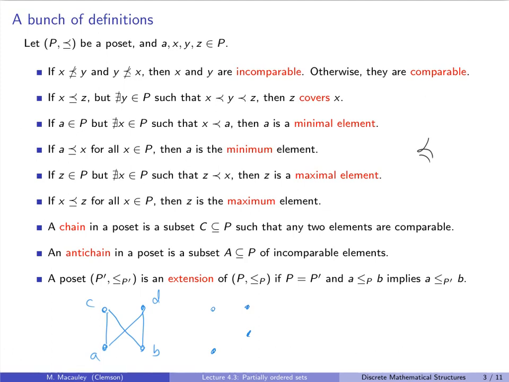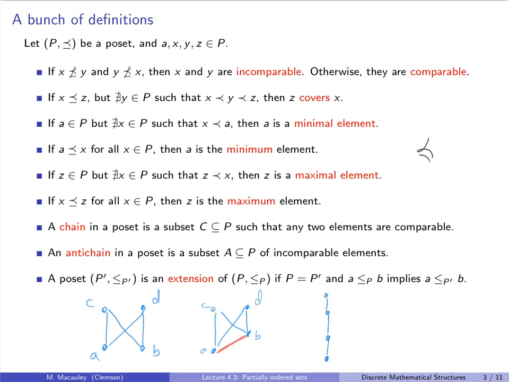So if I add an edge, so here I added this edge right here, now I'm declaring that A is also less than B. And I should probably label these with the same A, B, C, D. So an extension just means you have at least as many relations here in P prime as you do in P.